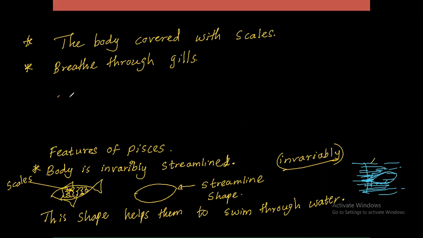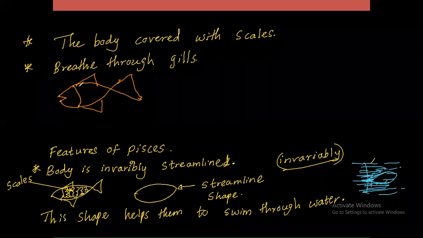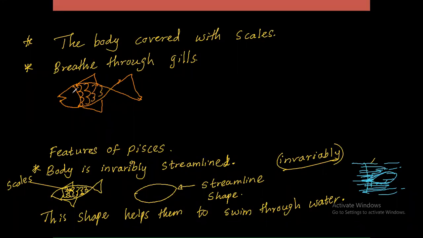Gills mean, if we draw a fish like this, we talk these are scales. Please label the part first. Now here you have seen thread-like structures. Have you seen? Yes, no?